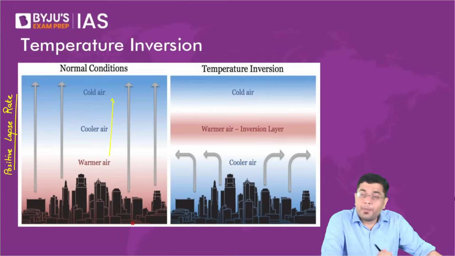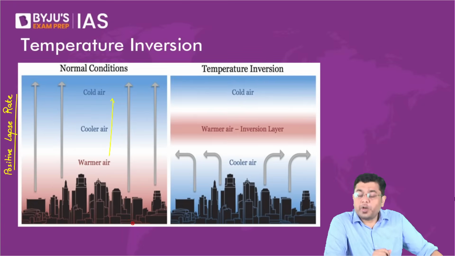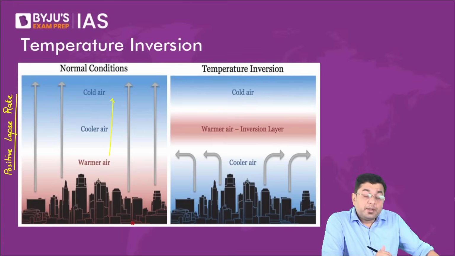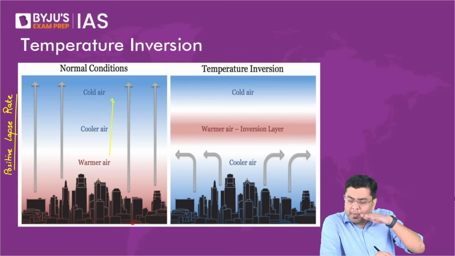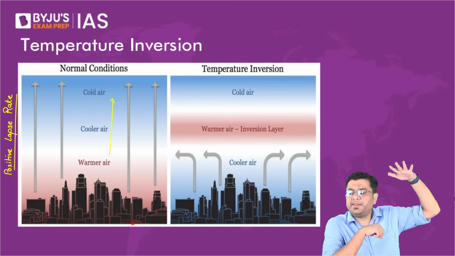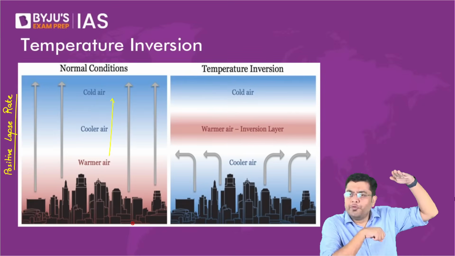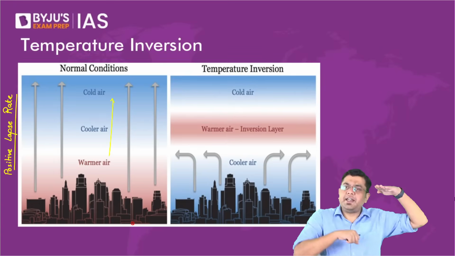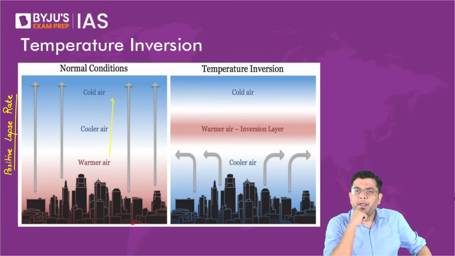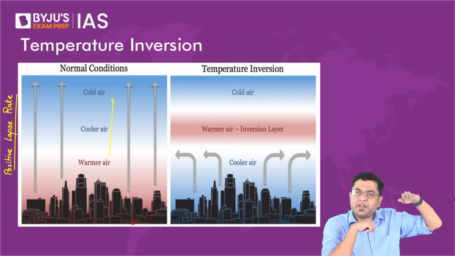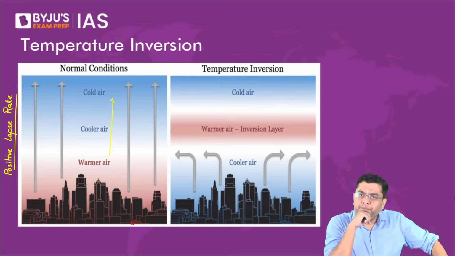Colder air is higher, warmer air is below. That is what positive lapse rate is. Now, when the warmer air is at a lower height and colder air is at a greater height, warmer air will always have a tendency to rise up. Colder air will always have a tendency to sink down. Why? Because warm air is lighter, cold air is heavier.